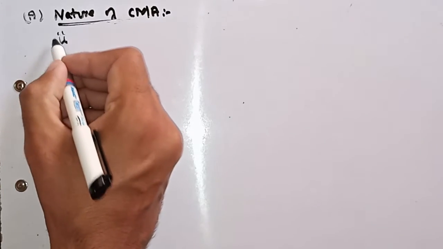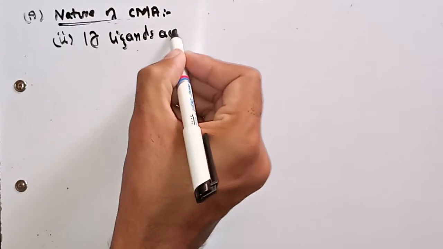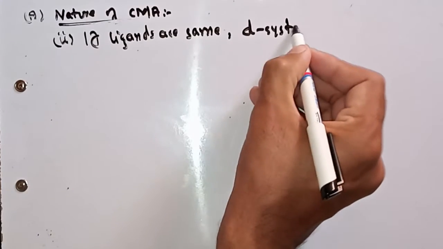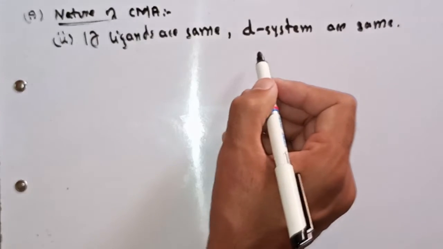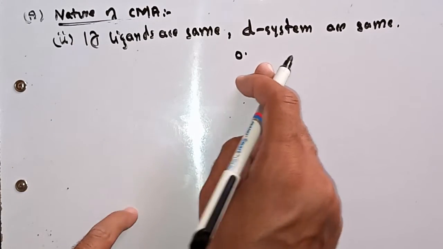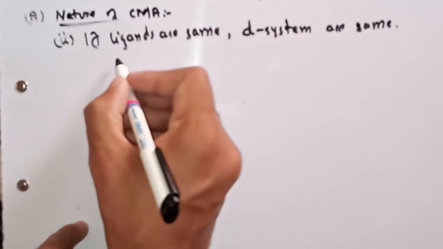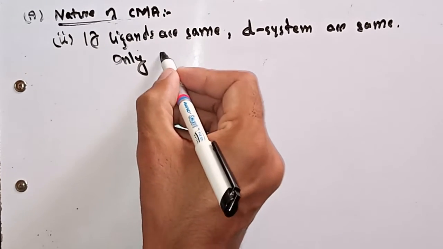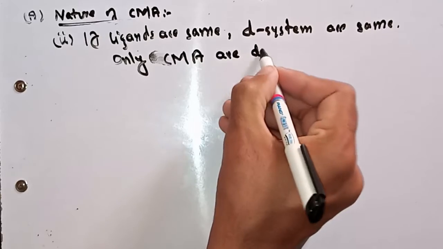Let's suppose in another case the ligands are the same, the d system is the same, and the oxidation state is the same, and only the central metal atom is different.